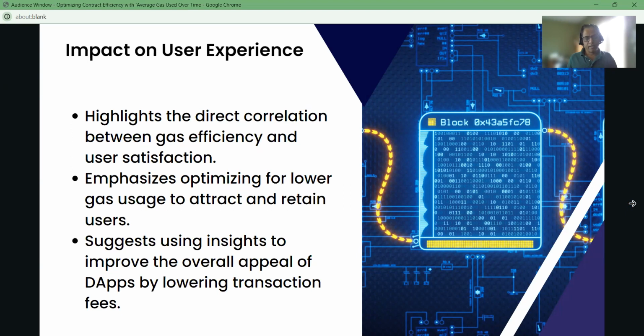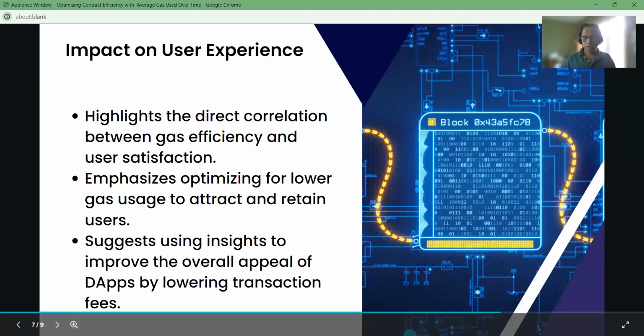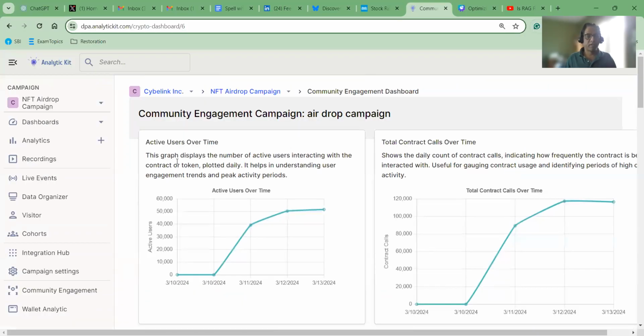So as I said, there is a lot of correlation that happens between the gas usage, total token transfer, and also the average number of users, as I showed in the page. See, there are various graphs, right?